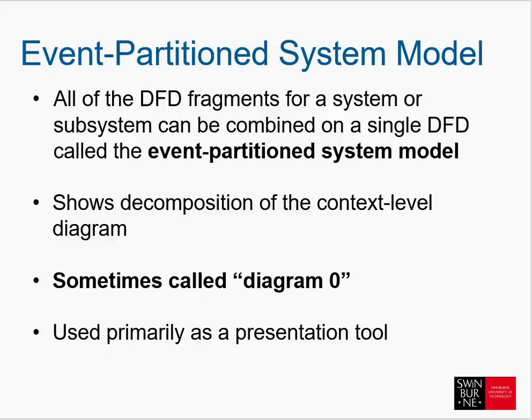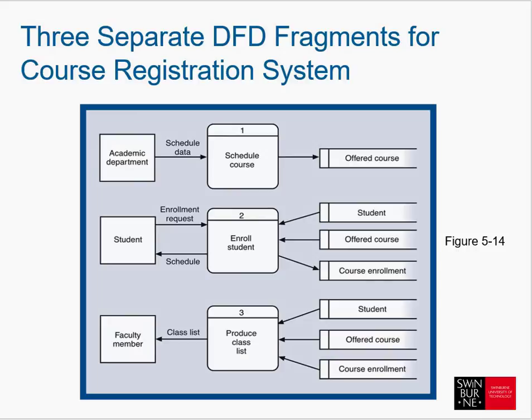So let's go through an example. Imagine we are trying to develop a course registration system for a university. Imagine we have created an event table which consists of 3 events, and we have identified 3 use cases. Based on these use cases, the business analyst has developed 3 data flow fragments like this.